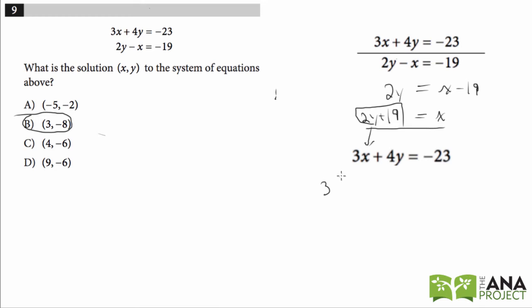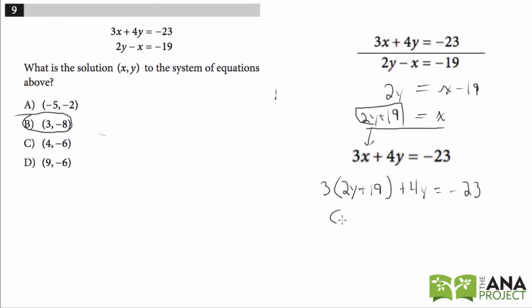So I'm going to substitute 2y plus 19 in for x. So 3 times, instead of x, I'm going to put 2y plus 19 plus 4y equals negative 23. It's called substitution because I basically isolated one equation and I'm substituting 2y plus 19 in for the x.